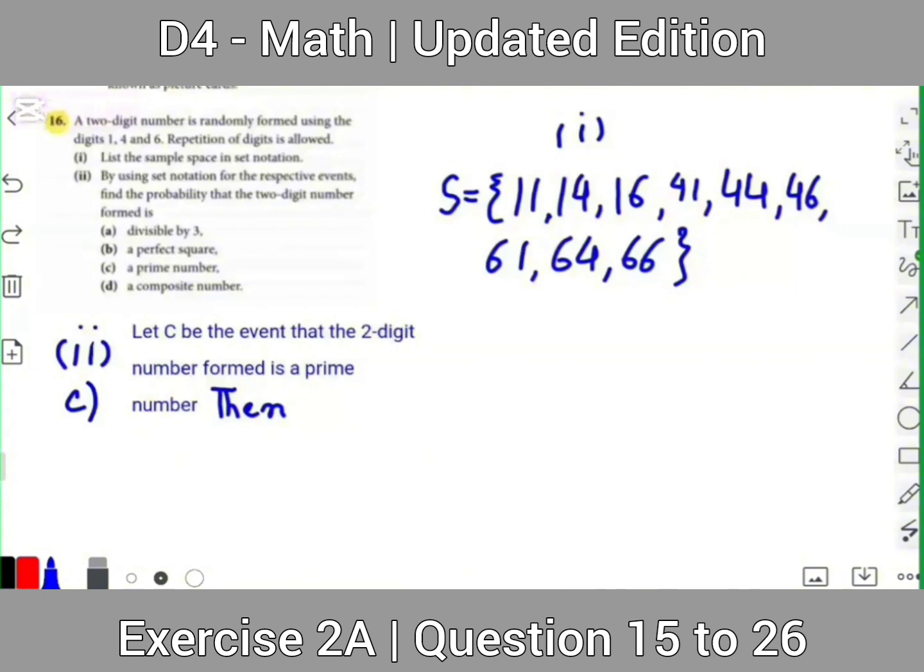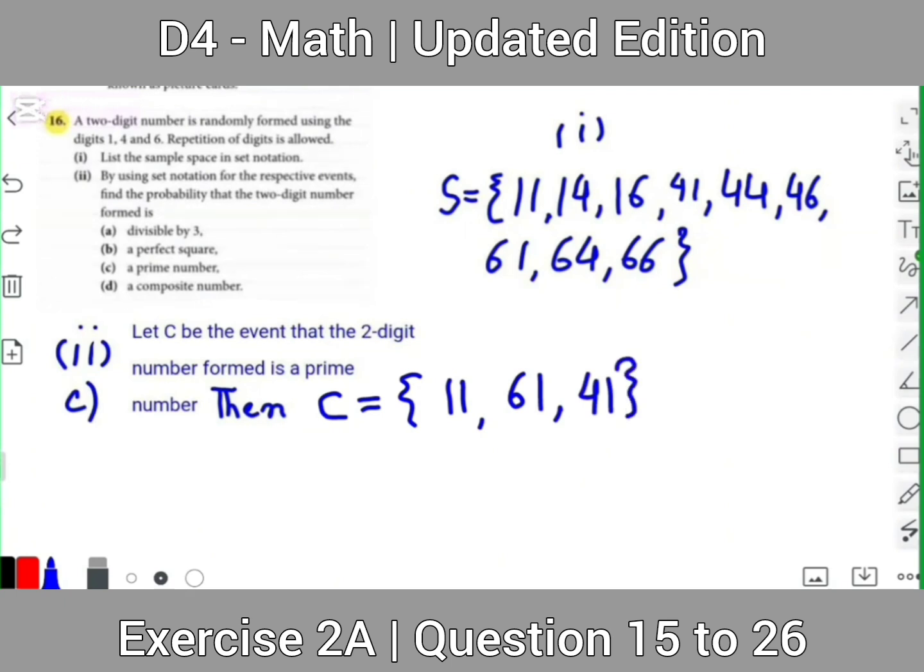Now in part C, we have to find the probability that the two-digit number formed is a prime number. A prime number is a number that has only two factors, 1 and itself. So let C be the event that the two-digit number formed is a prime number. Then C is equal to 11, 61, and 41.